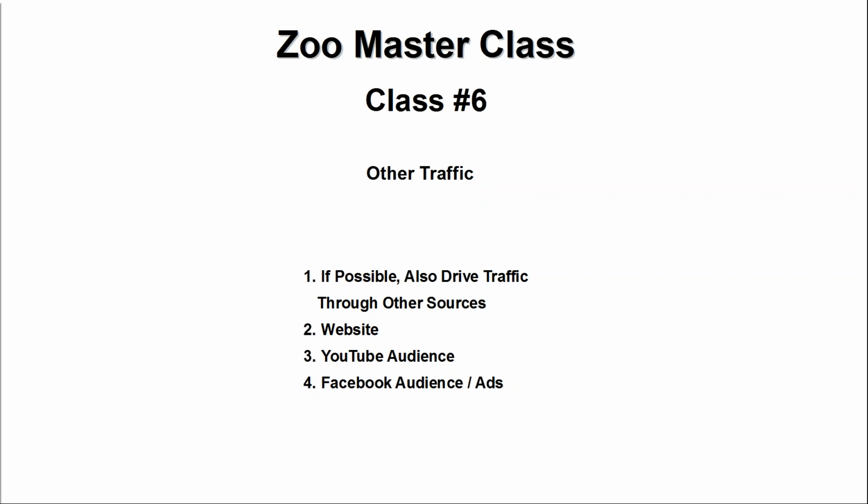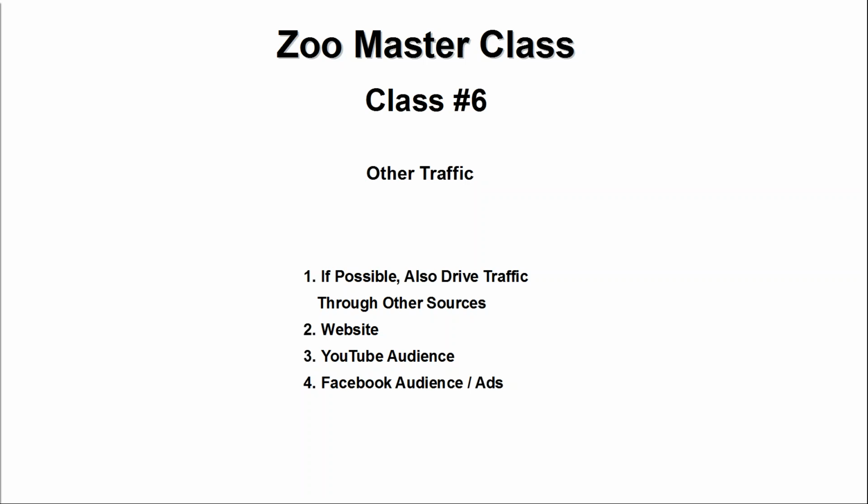Even though it may not be a lot of traffic, it's certainly nowhere near as much as I can drive from my email newsletter, but still that website and those pages sitting there attract some traffic on their own. Some of them get Google search rankings and bring in traffic and convert some of it into sales. I also have a YouTube audience. I think I'm somewhere in the neighborhood of maybe 3,000 plus subscribers there now.